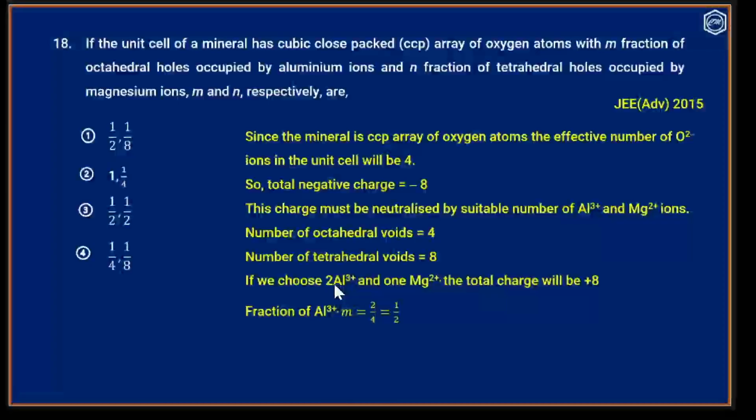That is, 2 aluminum ions occupy octahedral holes, so 2 by 4, that is half. Therefore, for magnesium 2 plus ions, which occupy tetrahedral voids, there is only one magnesium. So n is equal to 1 by 8. So the ratio will be half, 1 by 8.